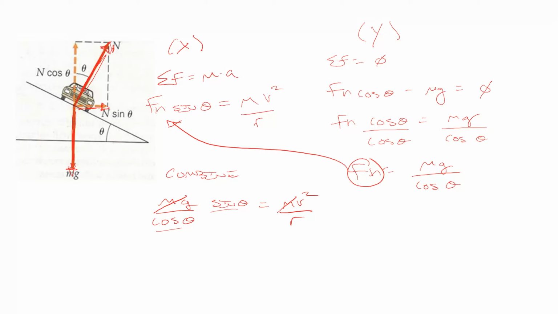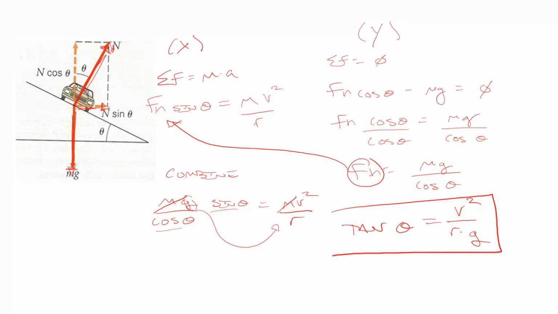Well, that turns out to be tangent. So tangent of theta, and I'm just going to take my g and move it down here, is equal to v squared over r times g. And with this equation, gravity is known, so if I either know the angle or the velocity or the radius, I can solve for either one. So that's our first scenario.